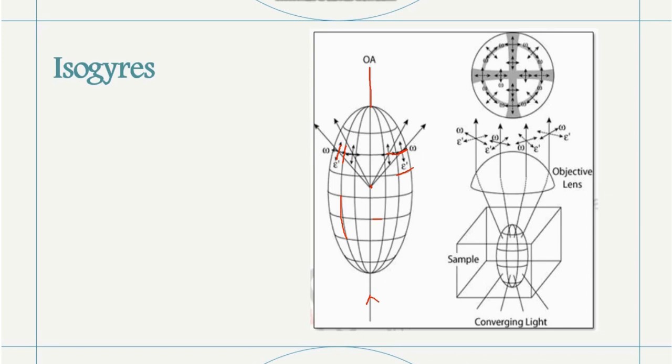All right, I hope you understand what we're trying to say. So let's repeat: the extraordinary rays vibrate parallel to the lines of longitude, but the ordinary rays vibrate parallel to the lines of latitude on this indicatrix.